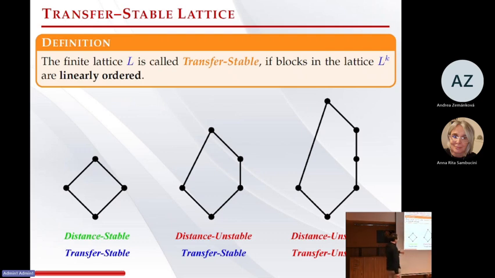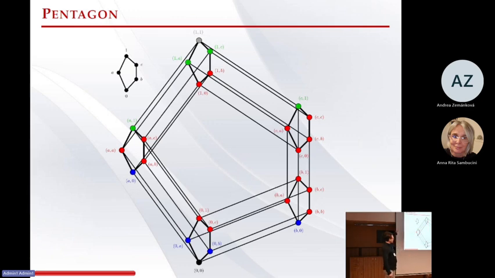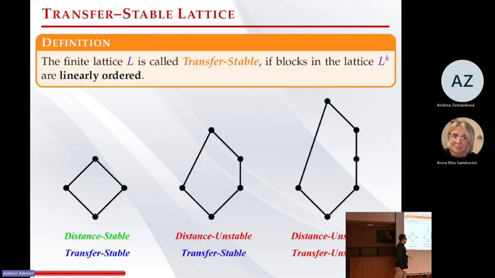For example, this is a distance stable lattice, so of course transfer stable. This is not a distance stable lattice, but it is transfer stable, like we see on this picture for a binary aggregation function on the pentagon. So the classes are linearly ordered. And this lattice is very bad because it is not transfer stable.